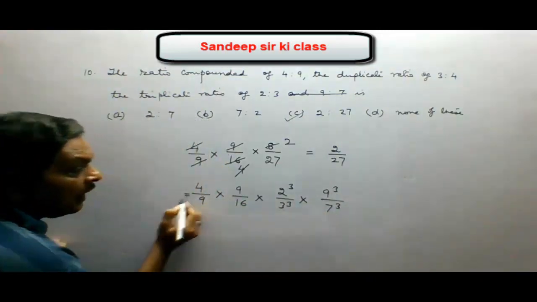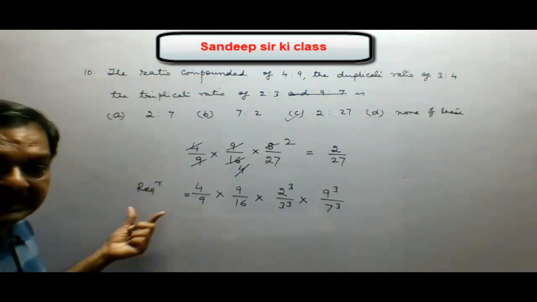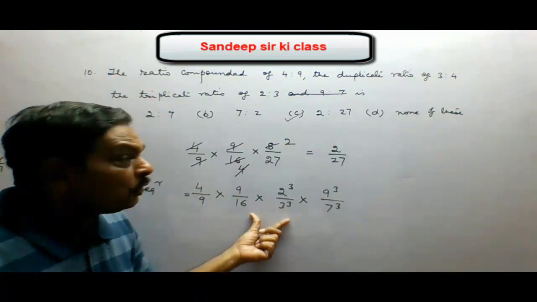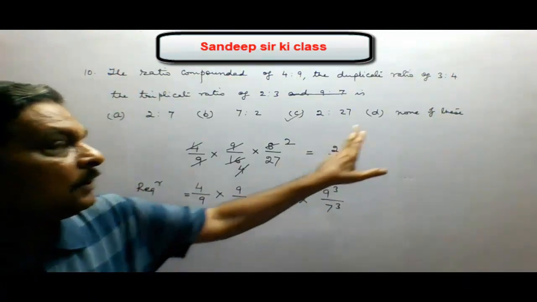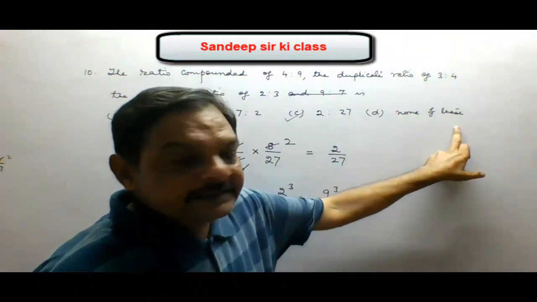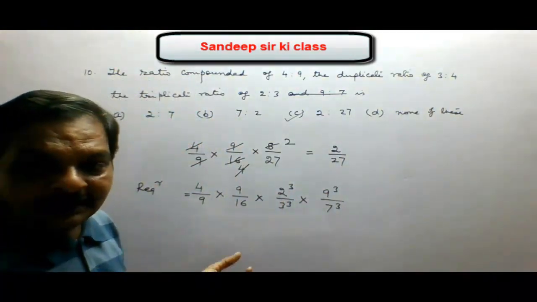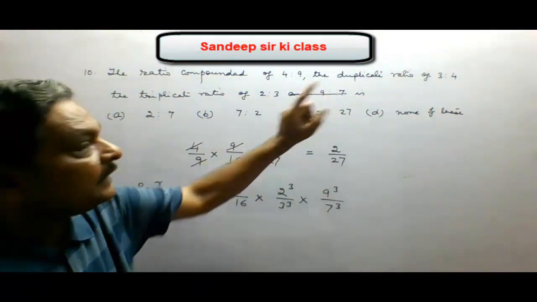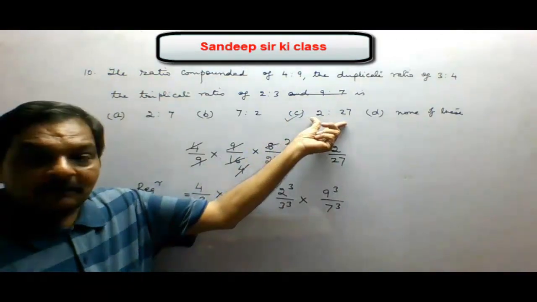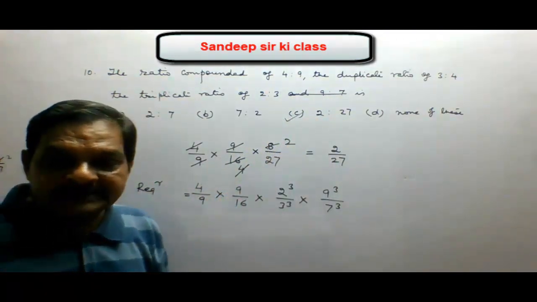This will be our required compound ratio, and in that case, if we calculate this, then our option, none of these, will be the correct answer. So considering the answer, we are not considering the 9:7 in the question, and hence our answer 2:27 is the correct answer. Now we will see the next problem.